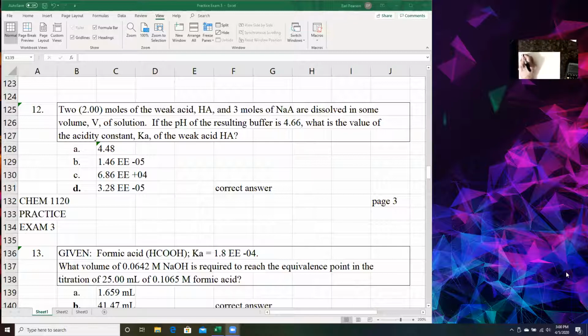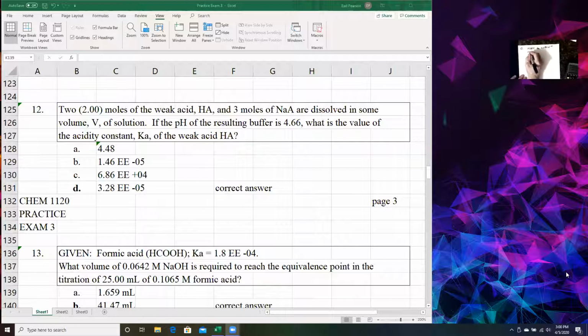Number 13, it says you're given formic acid and we're given a concentration. So I'll write down the data, HCOOH, and the Ka is 1.8 times 10 to the negative fourth here.